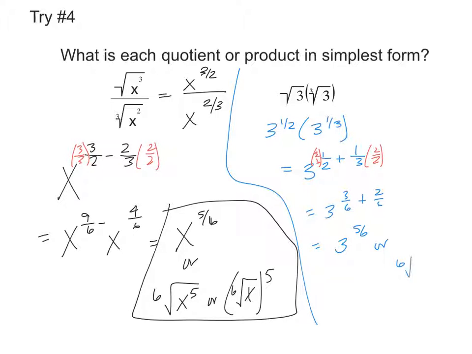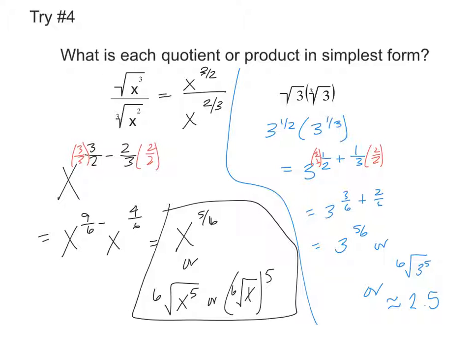Or the 6th root of 3 to the 5th. Or, and honestly, we need to go ahead and simplify that. So that would give you, let's see, about 2.5.